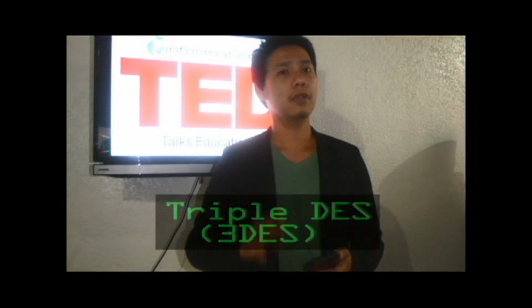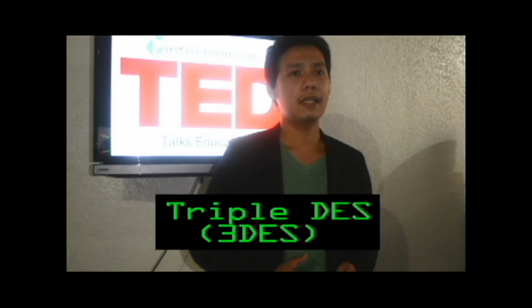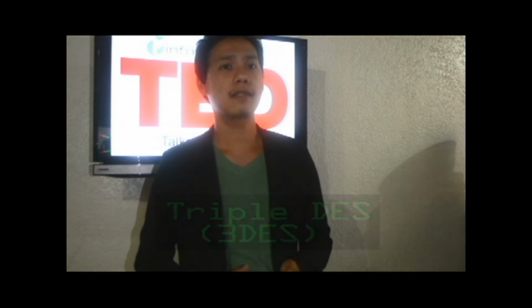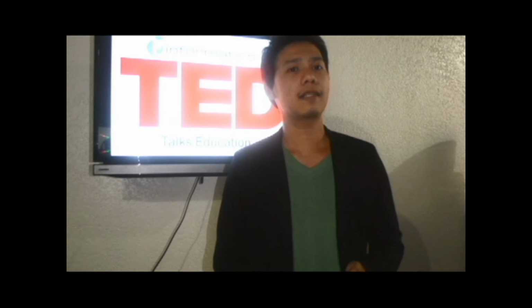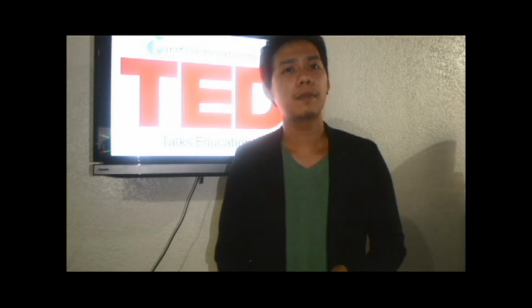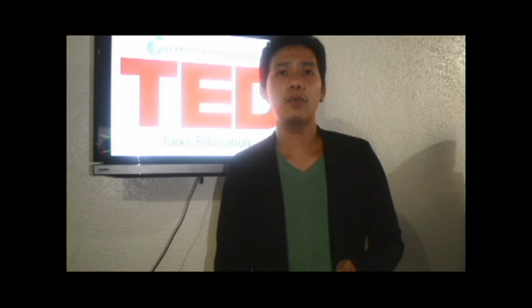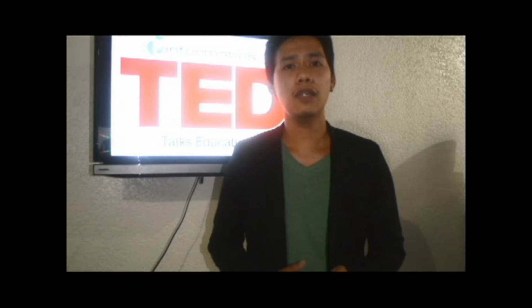From here, Triple DES was born. It is a symmetric key block cipher which applies the DES cipher algorithm 3 times to each data block. The original DES cipher's key size of 56 bits was generally sufficient when the algorithm was designed, but the availability of increasing computational power made brute force attack feasible.